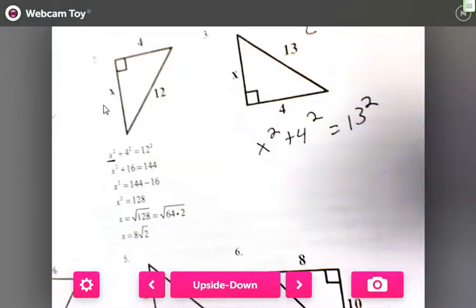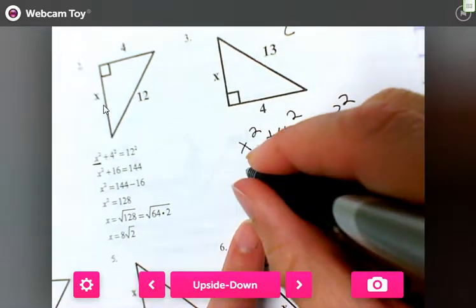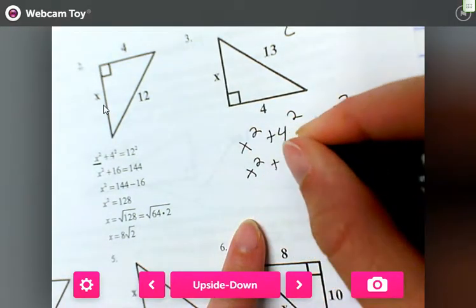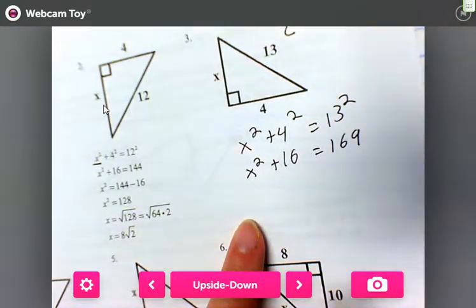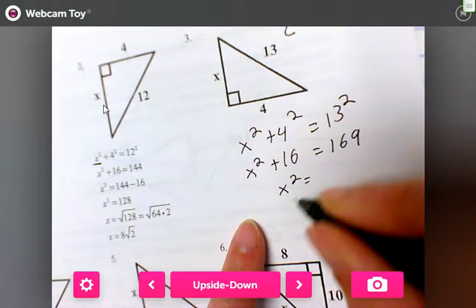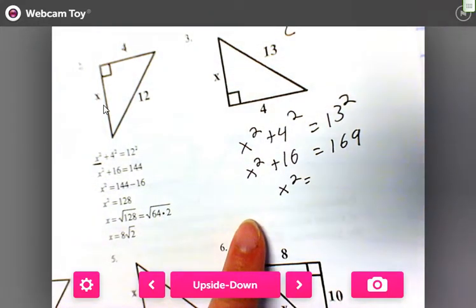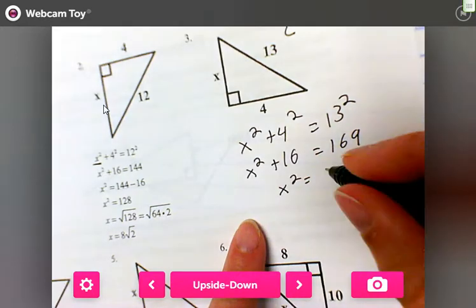Now I'm going to go ahead and use my handy dandy calculator to do this. x squared plus 16 equals 169. 169 minus 16 gives me 153.